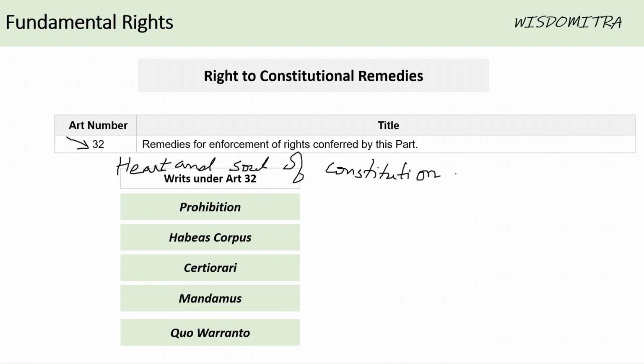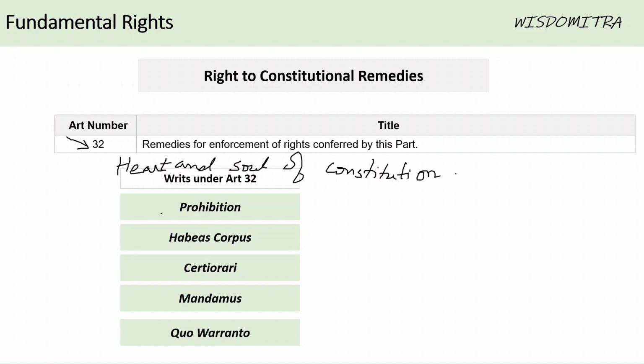How does that remedy happen? There are five writs under this particular constitutional article. What are those writs? Prohibition, habeas corpus, certiorari, mandamus, and quo warranto. Let us go a bit deeper into these. Prohibition is nothing but the Supreme Court prohibiting lower courts from crossing their judicial circle.